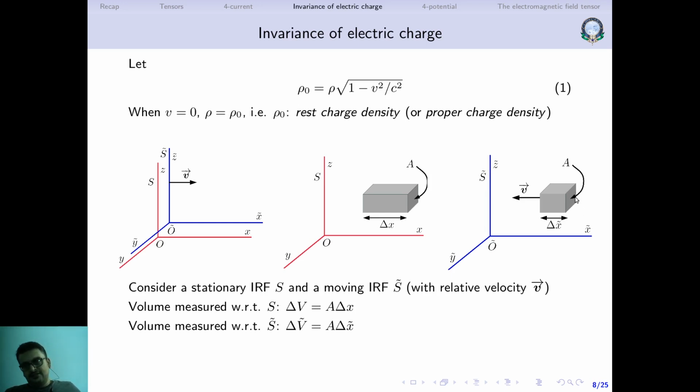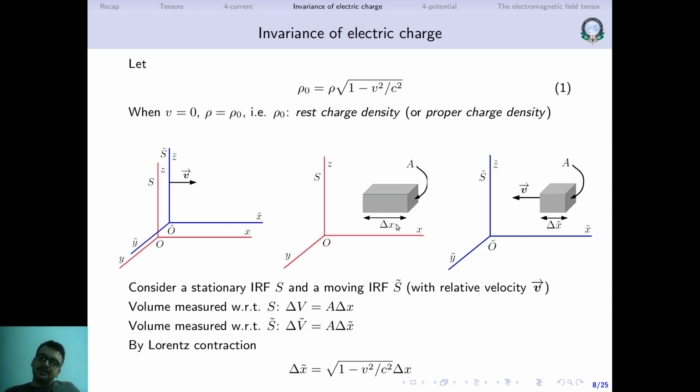Here the area of cross section again is A, but this time the length will not be delta X, the length will be delta X tilde. Therefore the volume measured in the moving frame will be delta V tilde, which is equal to A delta X tilde.